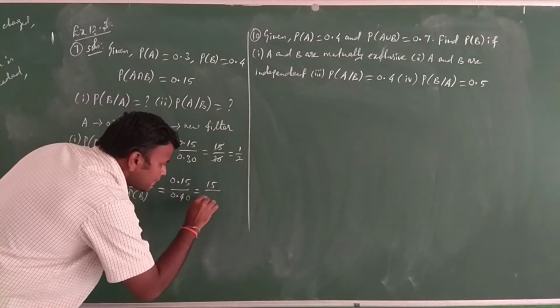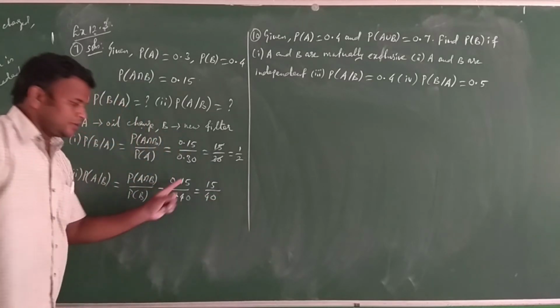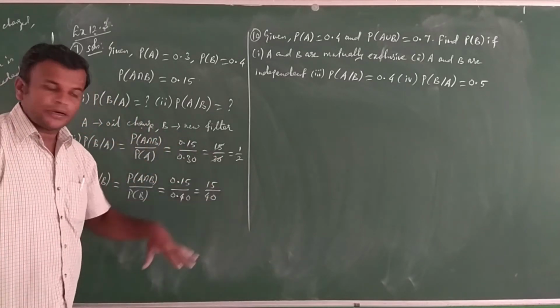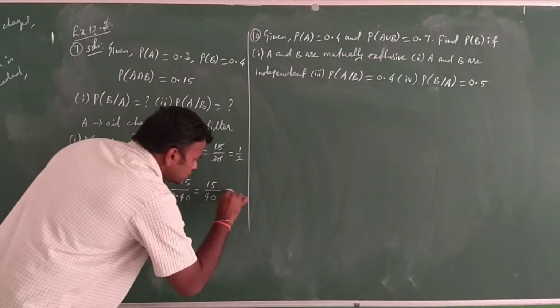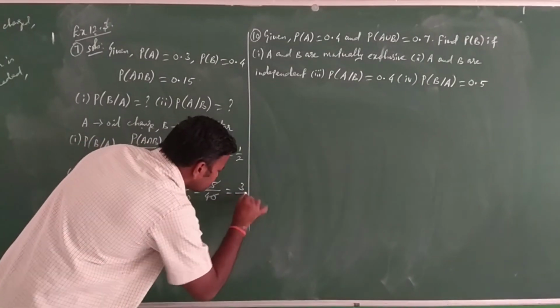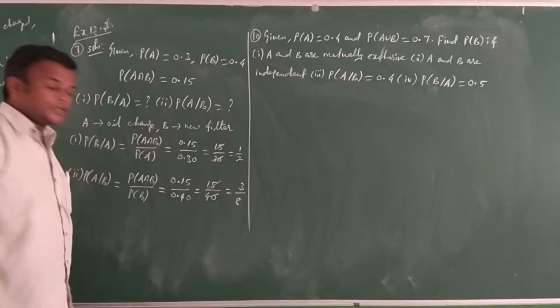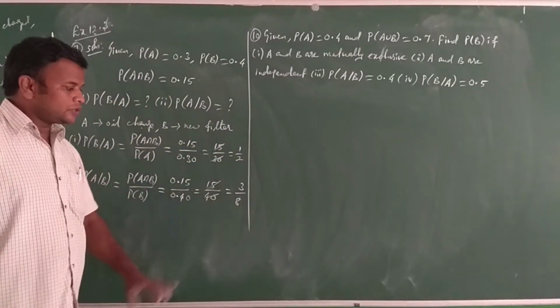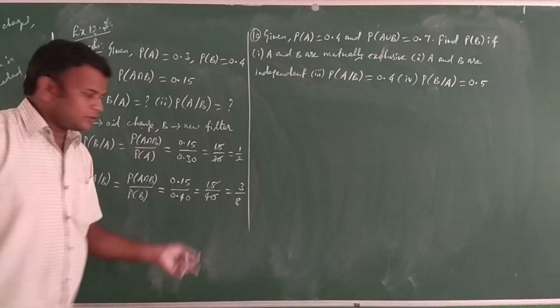It is 15 by 40. Multiply both numerator and denominator by 100, 15 by 40. We cancel by 5, we get 3 by 8.